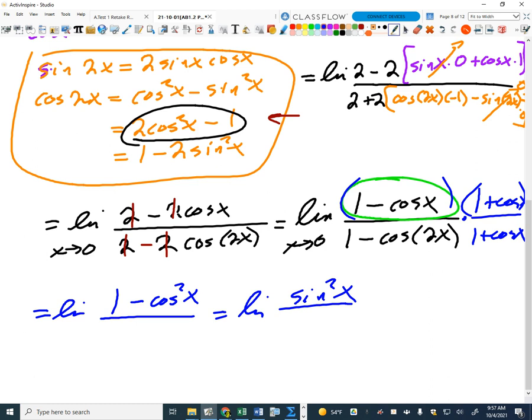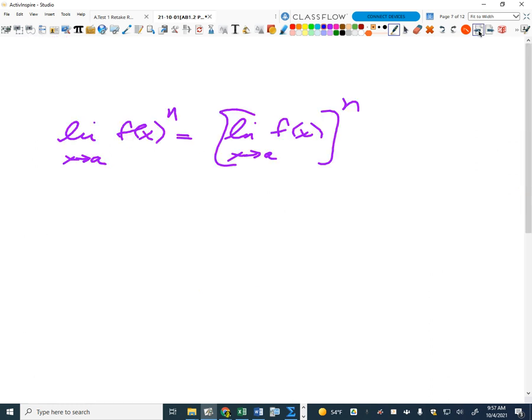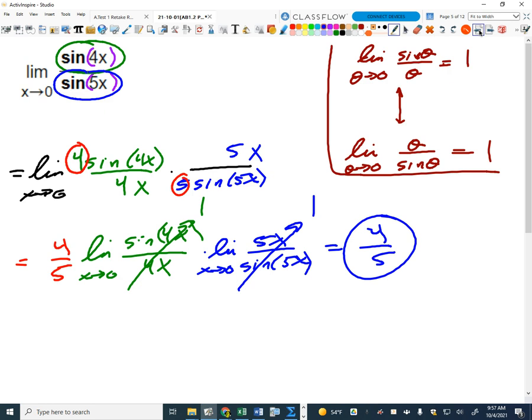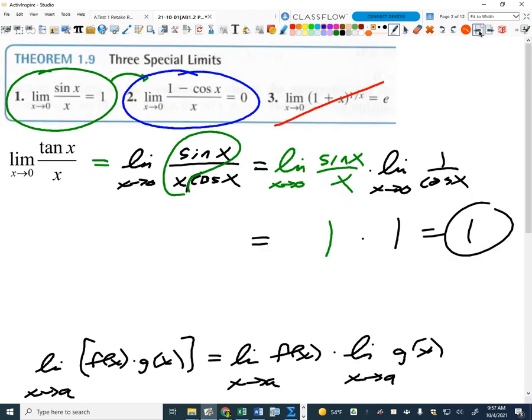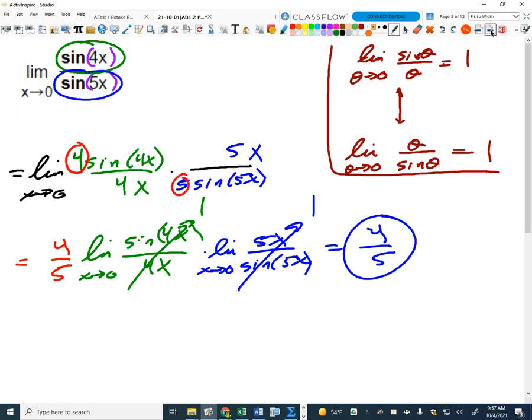Okay, that's good. Why is that so good? Well, because we've got sines. If we go back to this page, we know what happens when I take the limit of sine x over x. So having a single sine term in the top looks very promising.